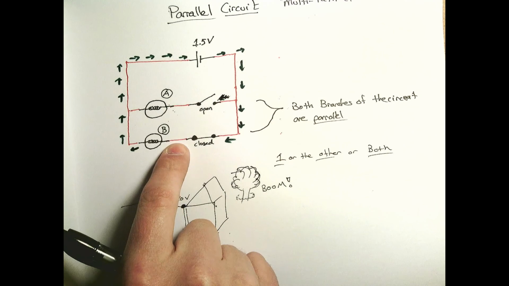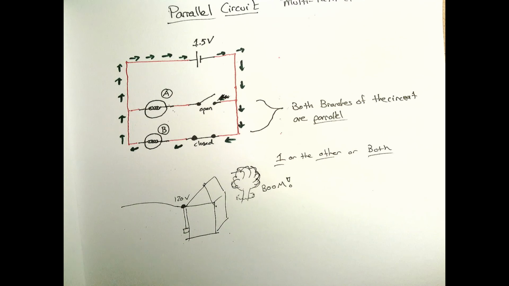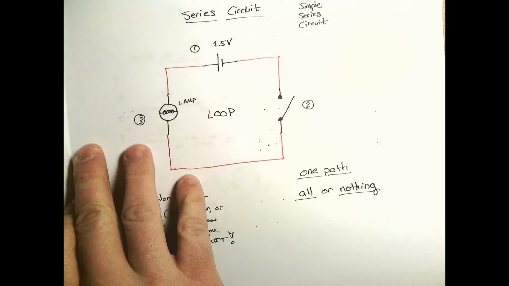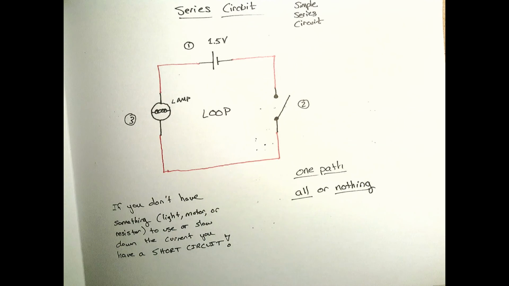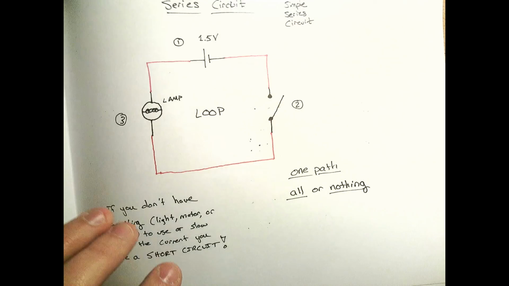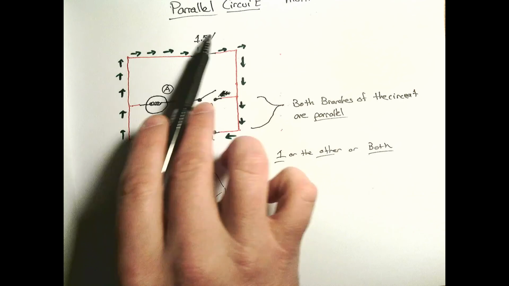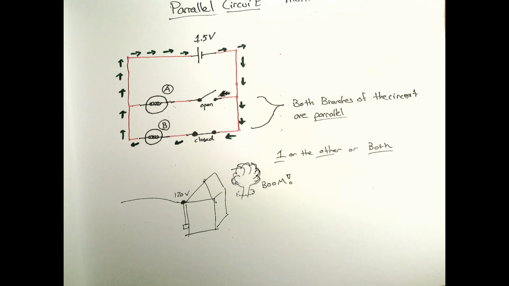So your house is wired in parallel. Series circuits are really only for very simple circuits. Each branch is kind of like having a little series circuit, but then you're connecting them.